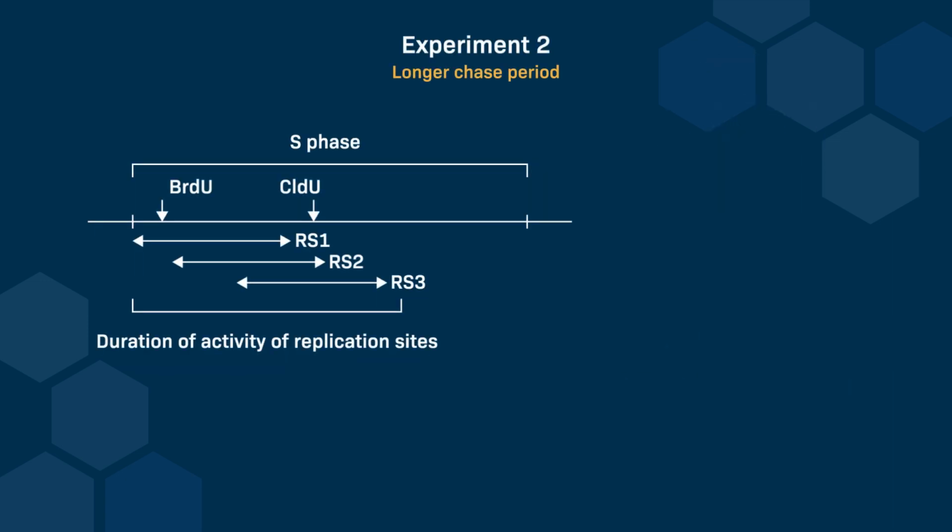In the second experiment, the timing of the BRDU and CLDU pulses during S phase are altered. Only RS1 is active during the BRDU pulse, while RS2 and RS3 are active only during the subsequent CLDU pulse. Due to the increased chase period between the BRDU and CLDU pulses, RS2 is no longer labeled by BRDU and incorporates only CLDU.